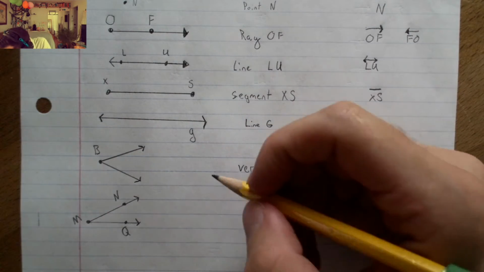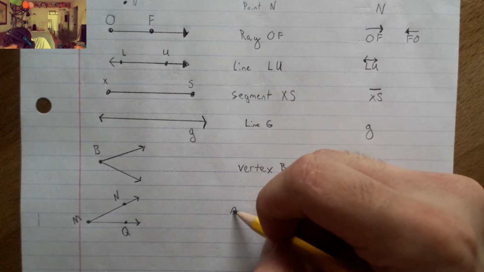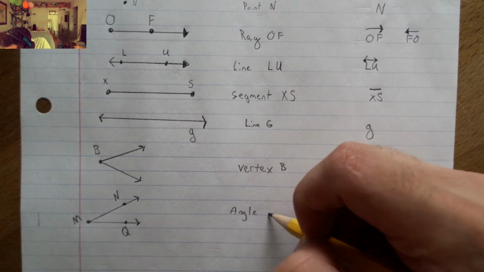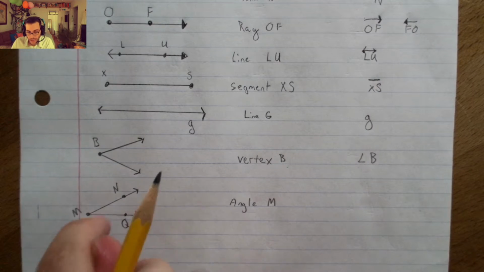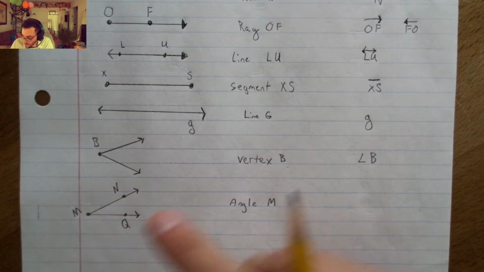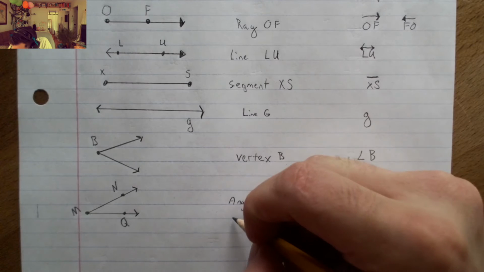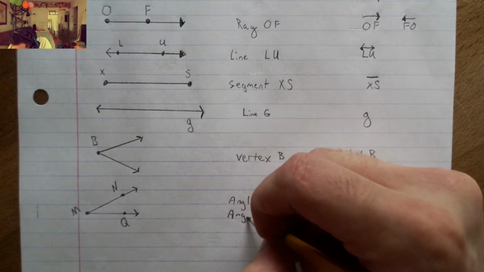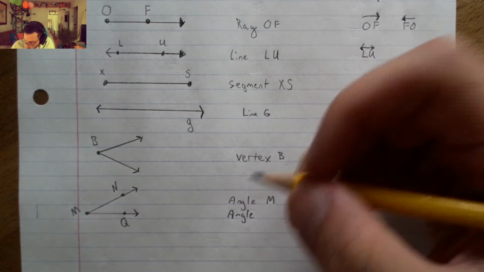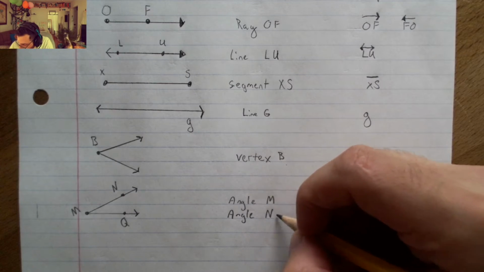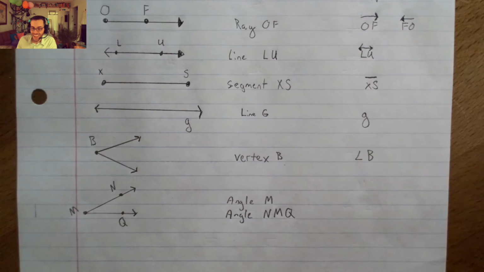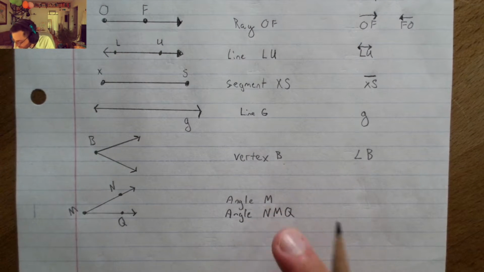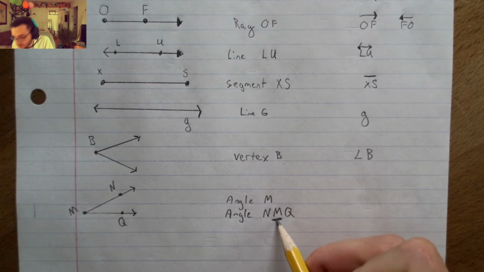The way that we would go about expressing this, we can call this either angle M, just like our vertex B. We're naming that middle point. Or, what's very helpful, especially if we have multiple lines and segments crossing one another, is angle NMQ, and our vertex always goes in the middle.